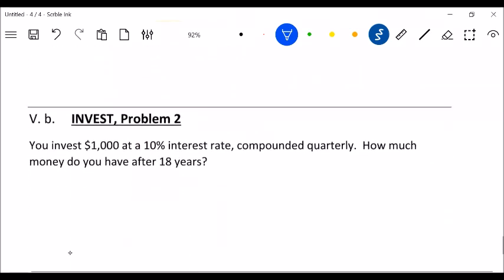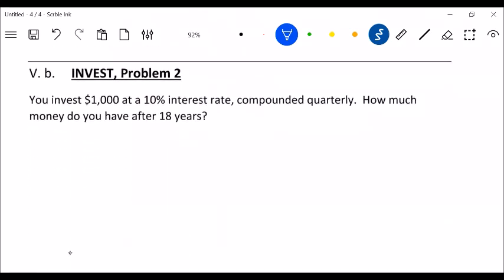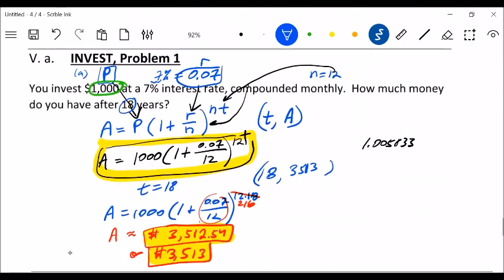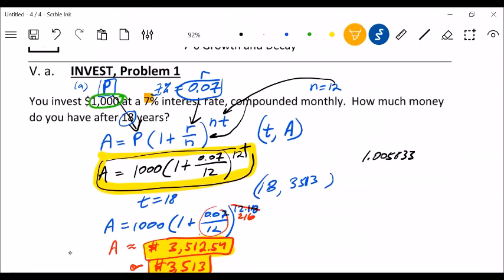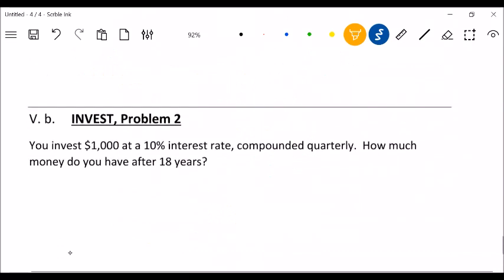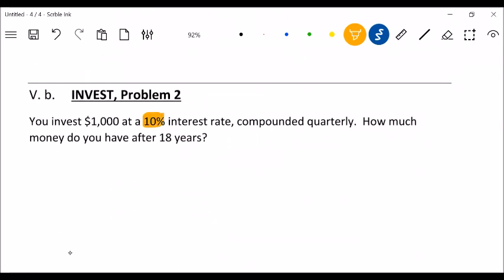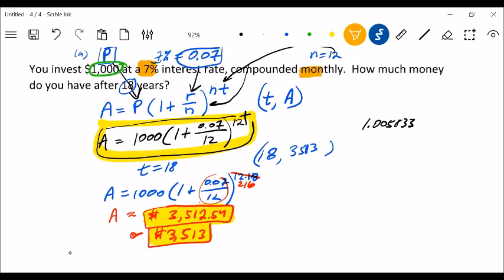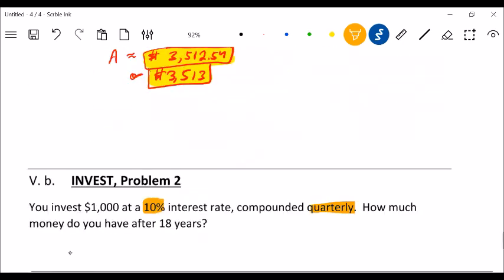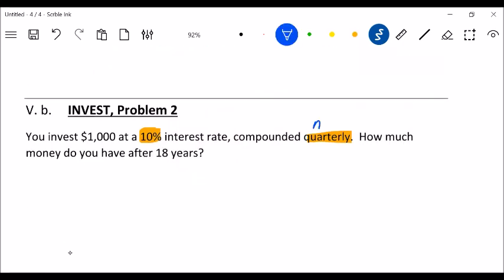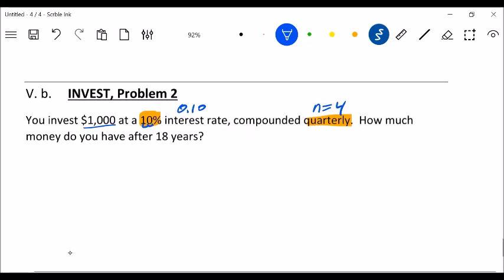Let's take a look at another investment problem. The same 1,000, but here, this was a 7% interest rate. This is almost the same thing, except there's two things changing: 10%, and instead of monthly, it's now quarterly. Well, quarterly means 4 times. For the 10% interest rate, we'll take the decimal and move it twice, 0.10, but we still have $1,000.